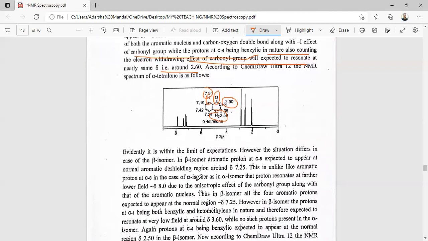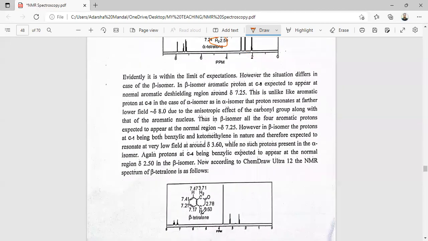But in case of the beta isomer, the aromatic protons, including C8, are expected to appear in the normal aromatic region around 7.25. Unlike the aromatic proton at C8 in the alpha isomer, where that proton is further downfield at 8.0 due to the anisotropic effect of the carbonyl group along with the aromatic nucleus.